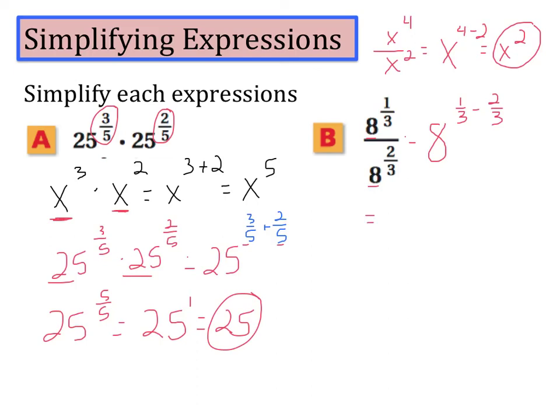So our final answer is 8 raised to negative 1/3. Now this isn't simplified because we have a negative exponent. So what this becomes is 1 over 8 raised to the 1/3. We know any number raised to the 1/3 means taking the cube root of it, and the cube root of 8 is 2.